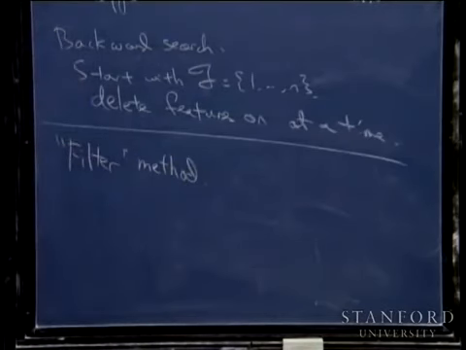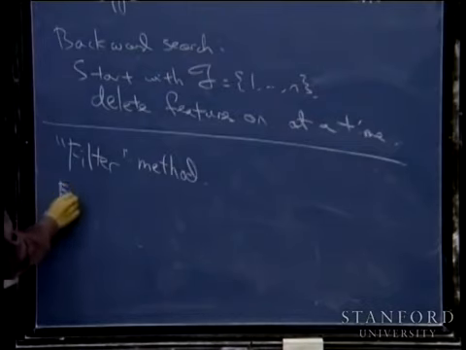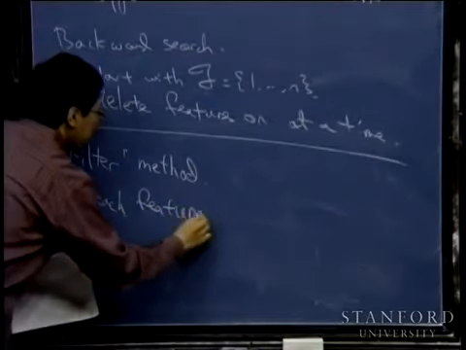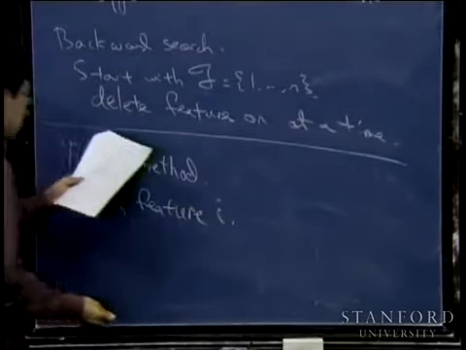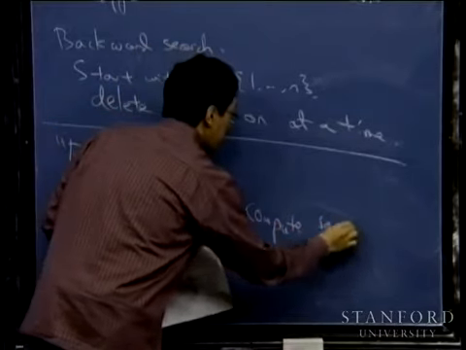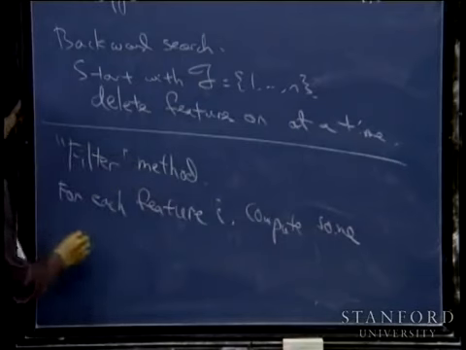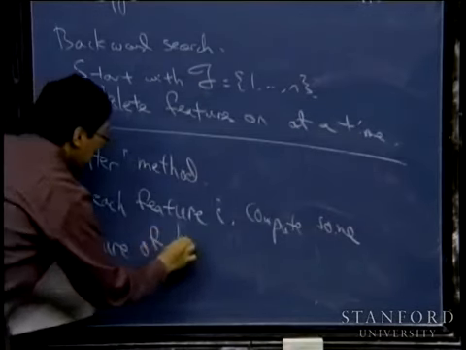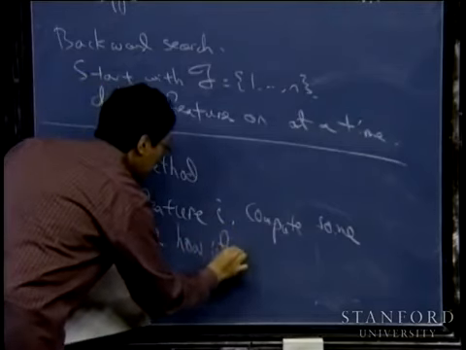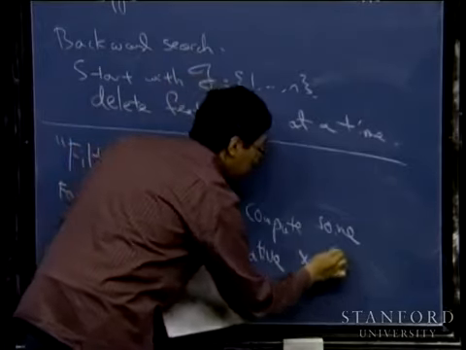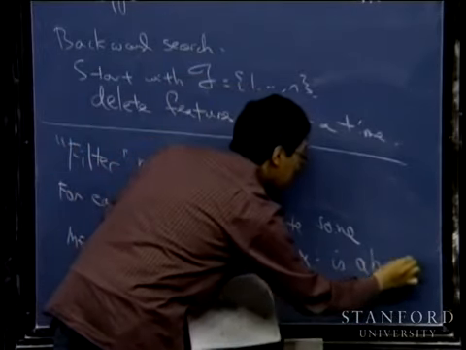filter feature selection methods. And the basic idea is that for each feature i, we'll compute some measure of how informative xi is about y.